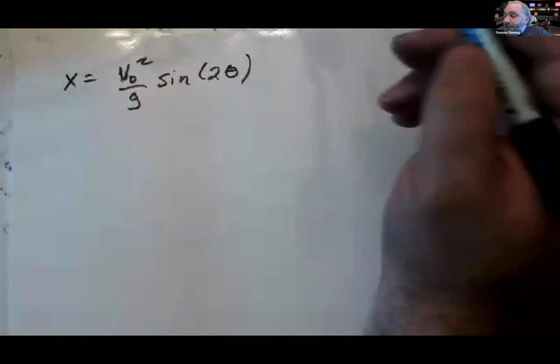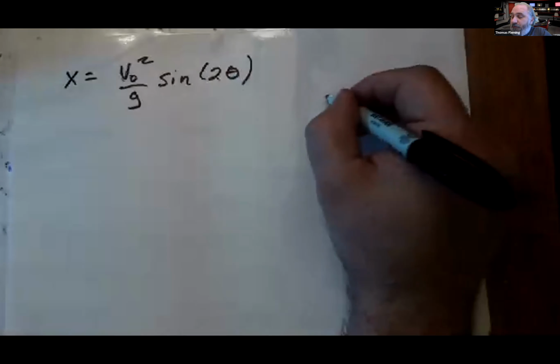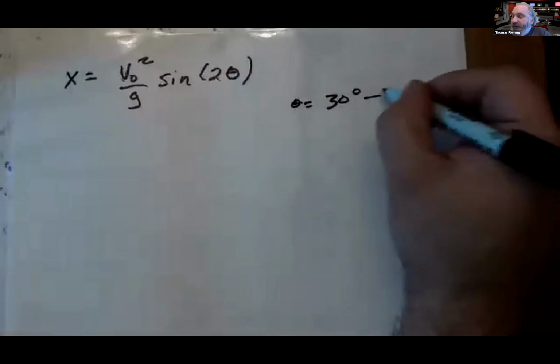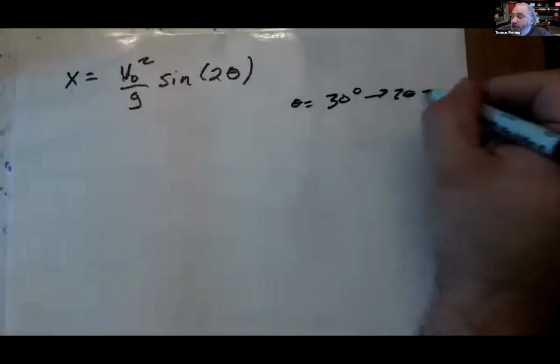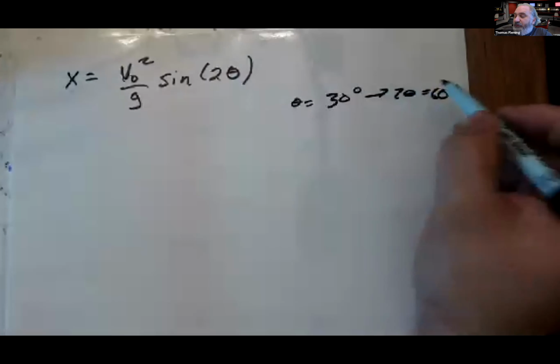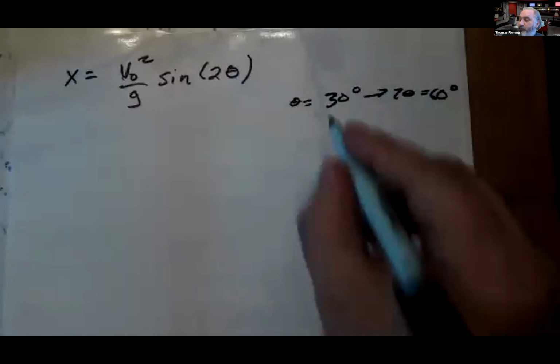Because wait a second. If I'm doing the sine of 2 theta, let's say that I pick 30 degrees, right? If theta is 30 degrees, then 2 theta is 60 degrees. So what's the sine of 60? Well, the sine of 60 is the square root of 3 over 2.